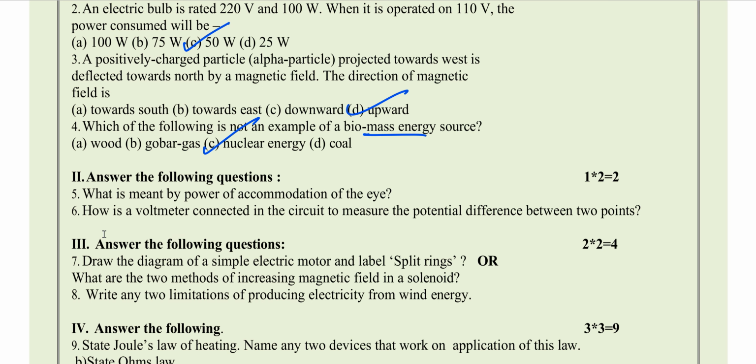Next question. How is a voltmeter connected in the circuit to measure the potential difference between 2 points? Here I want to mention one important question. Please make a note.